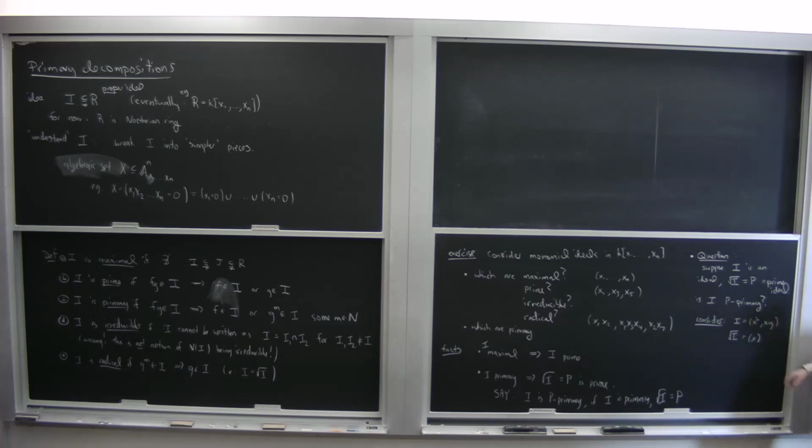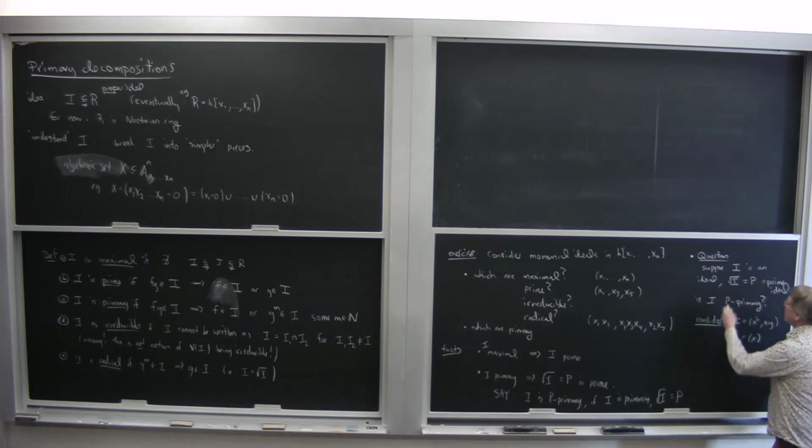There's actually something to be proved here, that you don't have anything else. But it's an easy fact. Anyway, so this is such an ideal. Sorry, I is an ideal whose radical is prime. I'm going to leave this question for you, but the answer is no.